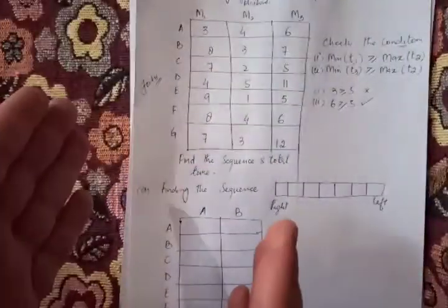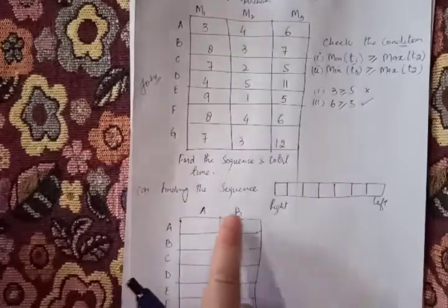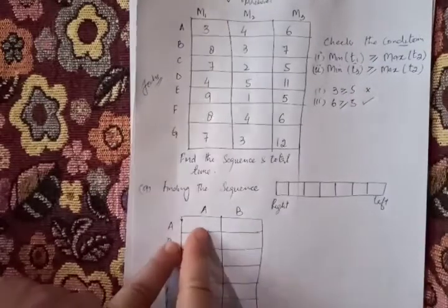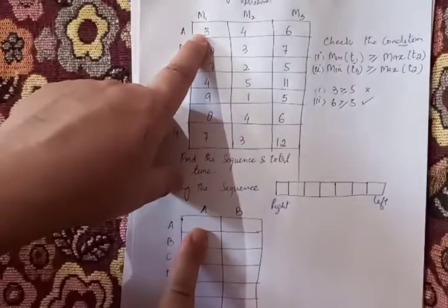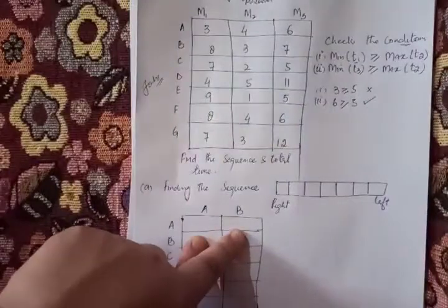This is how we convert this 3 machine problem into the 2 machine problem. We take 2 arbitrary machines, A and B. What would be the processing times of these 2 machines? For machine A, the summation of the processing times of machines 1 and 2 will be the processing time for A. Then machines 2 and 3 will give the processing times for machine B.